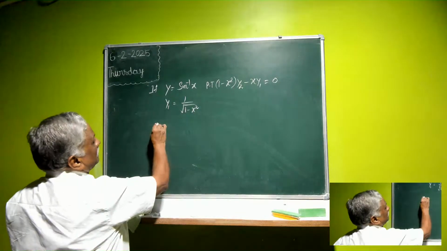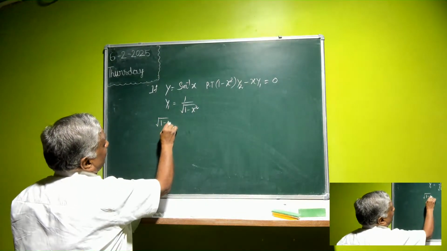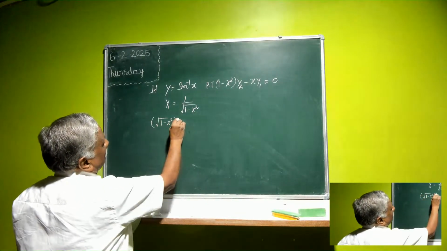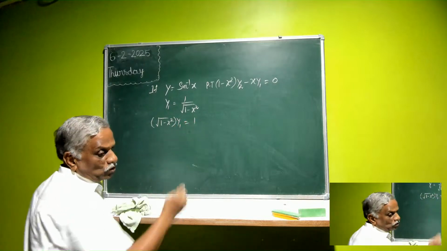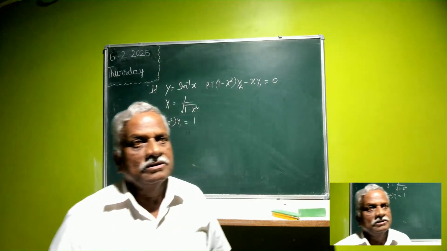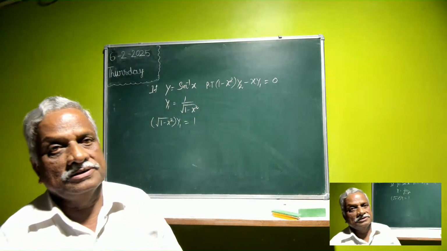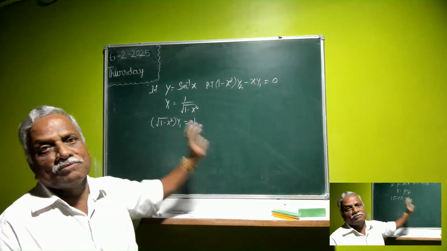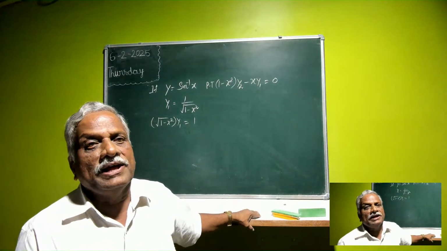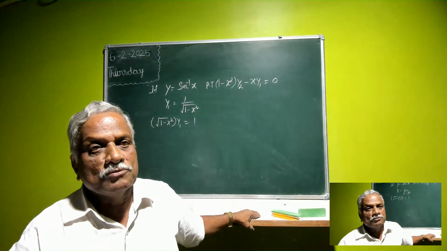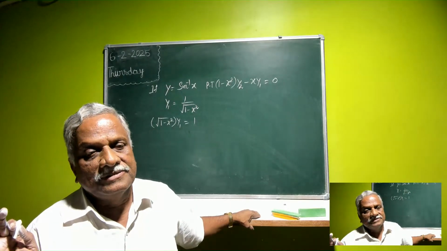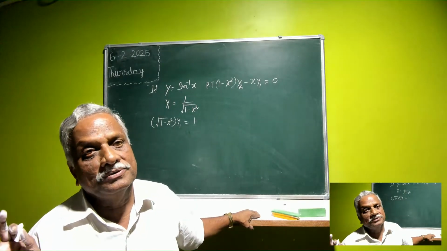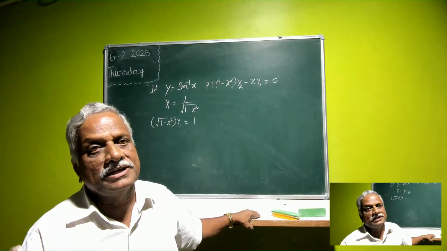You multiply root of 1 minus x square into y1, that is equal to 1. Many students ask me a question, how do we know that we are going to multiply? And when you multiply, the problems become easy. The only answer for that is I am teaching you. This is the method.